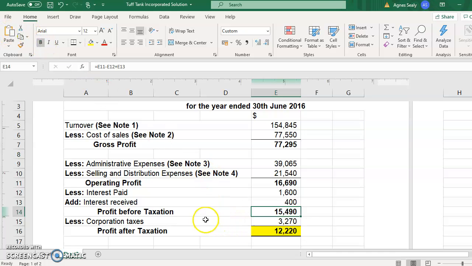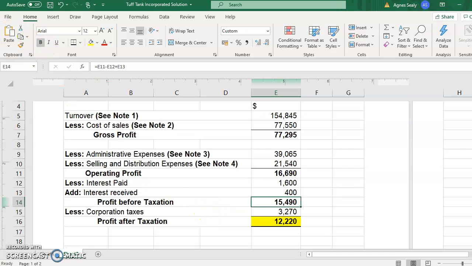where we now have our income statement. You can see here, very short, very condensed. Turnover minus our cost of sales gives us our gross profit, and our gross profit minus our administration expenses, selling and distribution expenses gives us our operating profit of $16,690.